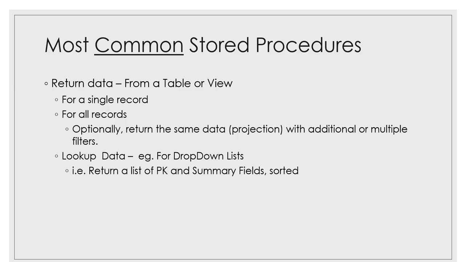Returning data. Very often, we'll have stored procedures for returning data. Now, it might be from a table, or it could be a view, right? Sometimes you're returning a single record. Like, go get me customer, often by ID such and such, right? And boom, the stored procedure returns that one customer. Or it might be, go get all the records, okay?